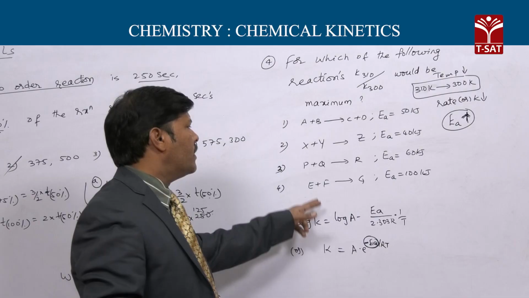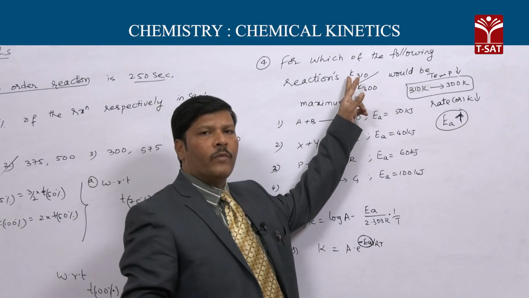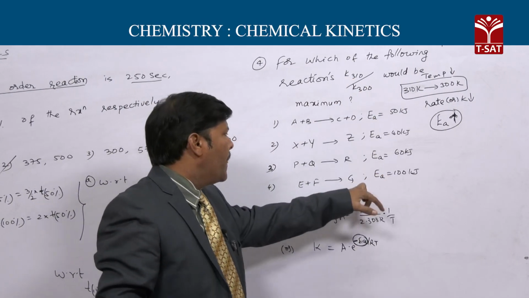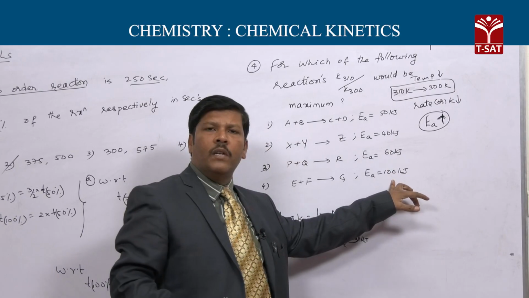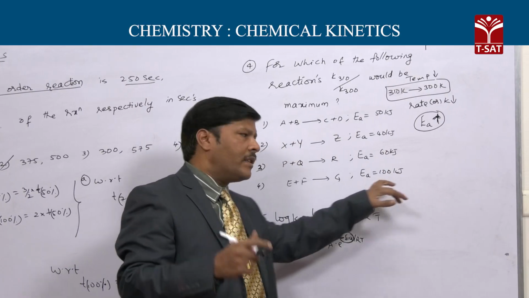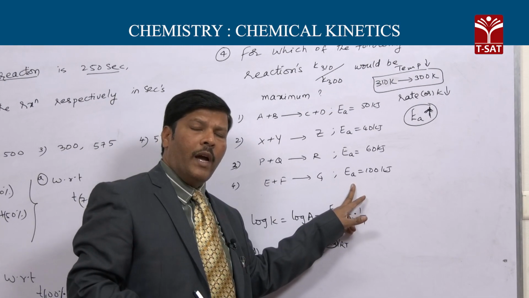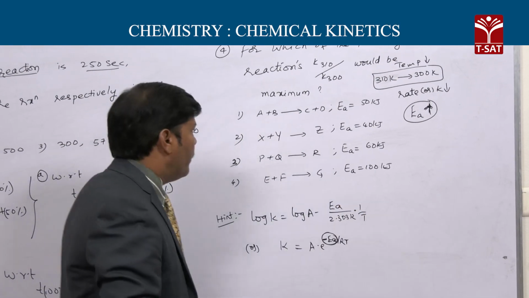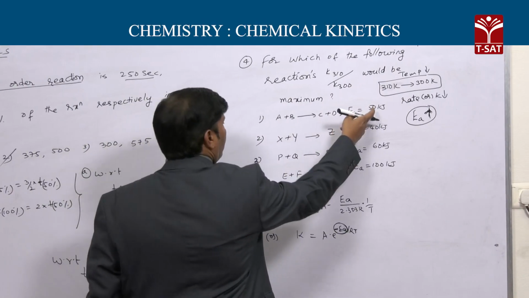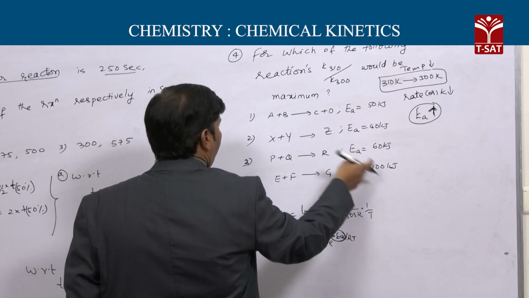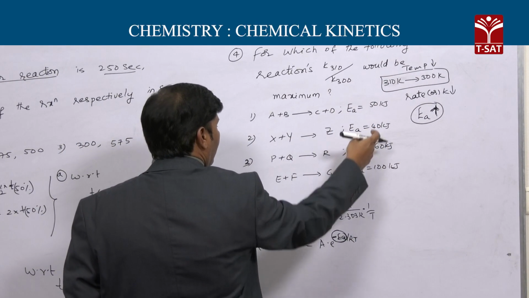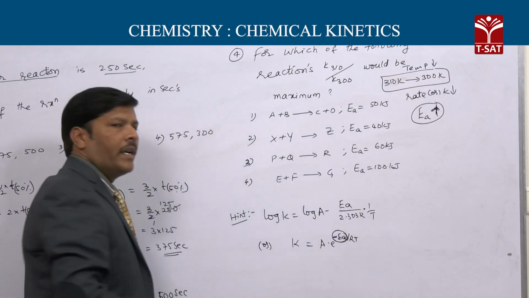So among these four equations, because the temperature is dropping from 310 Kelvin to 300 Kelvin, you have to find in which case the activation energy is highest, because in that transformation the maximum activation energy is generated. In the first option it is 50, in the second option it is 40, the least activation energy. In the fourth option, the highest activation energy.